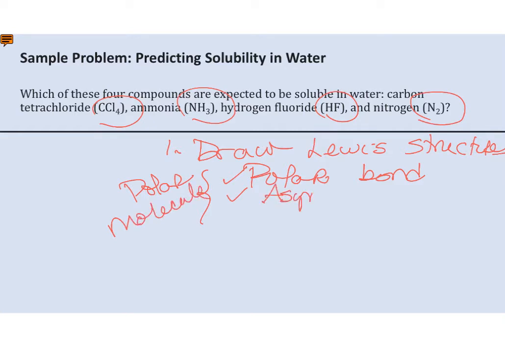It can't be perfectly symmetric, or it will cancel out any of the polar bonds it has. So you draw the Lewis structure to say whether it's polar or nonpolar, and then it's a good idea to look over the intermolecular forces that can exist between the molecule itself and between that molecule and what you're trying to dissolve it in. So let's look at these one at a time.